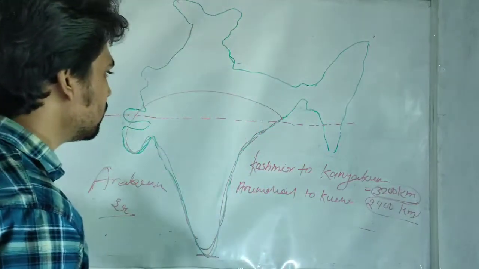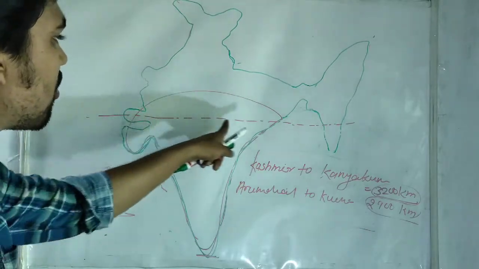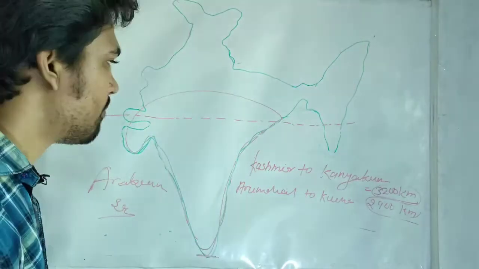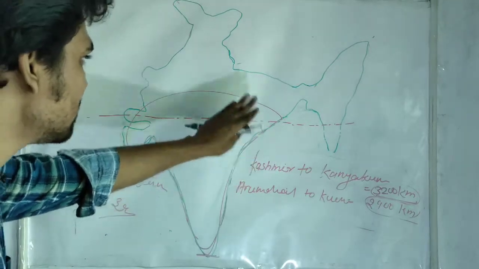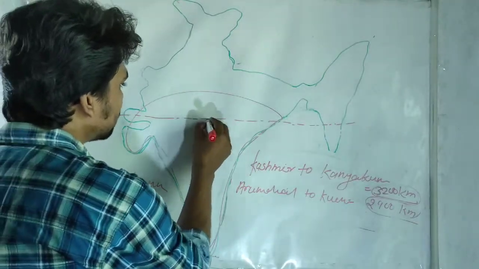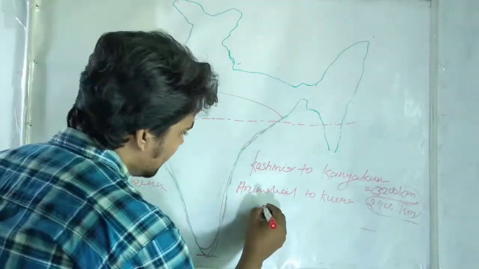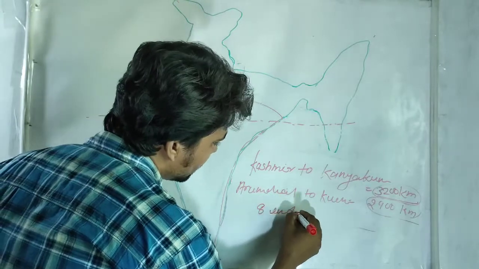Friends, as we know, the most important line on the earth, that is the Tropic of Cancer, almost divides India into 2 equal parts, and it passes through approximately 8 Indian states.